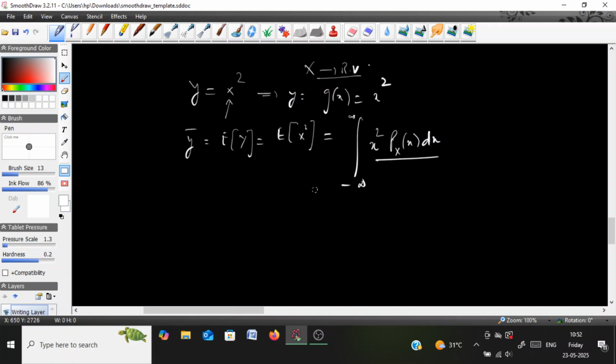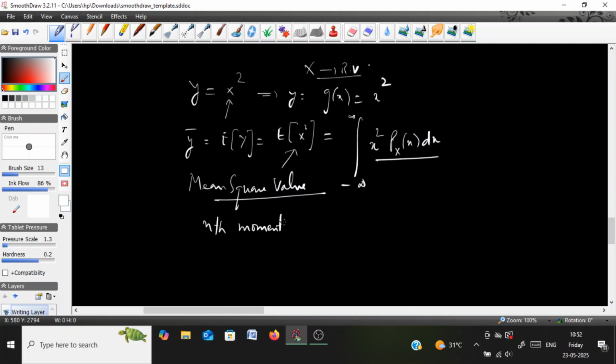So this is an important statistical parameter again, which we call the mean square value of the random variable x. In fact, it is called the second moment. You can define the nth moment.